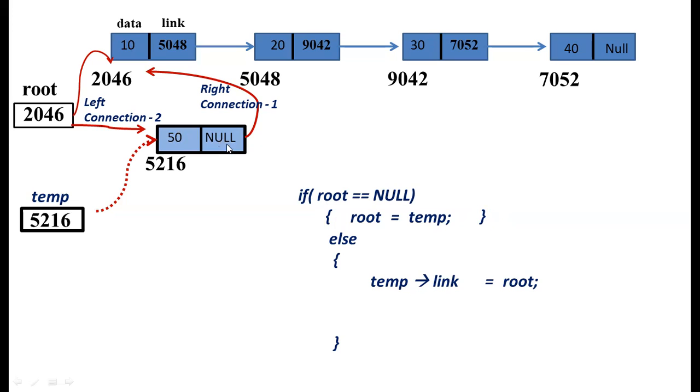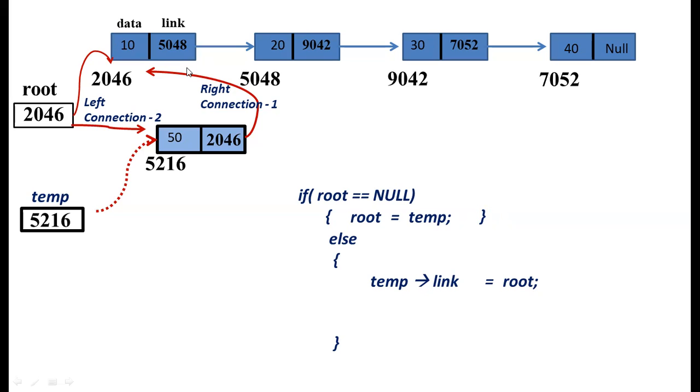So when we say root is equal to temp to link, the root value is assigned here, replaced with 2046, so that this is pointing to this particular node. So the right side connection, the first connection, is complete.